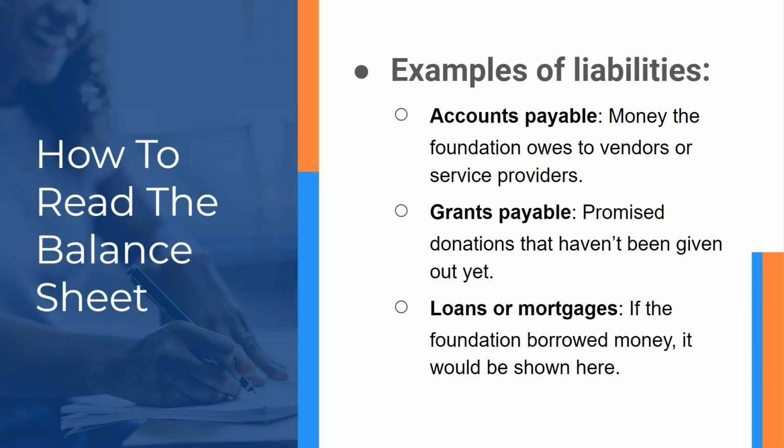Examples of liabilities could include accounts payable, or money the foundation owes to vendors or service providers; grants payable, which are promised donations that haven't been given out yet; and loans and mortgages. If the foundation borrowed money, it would be shown here.